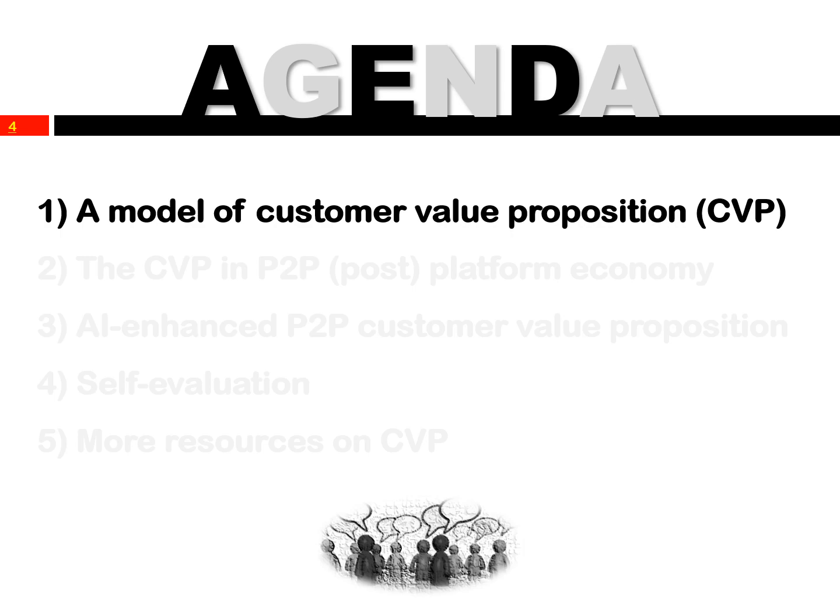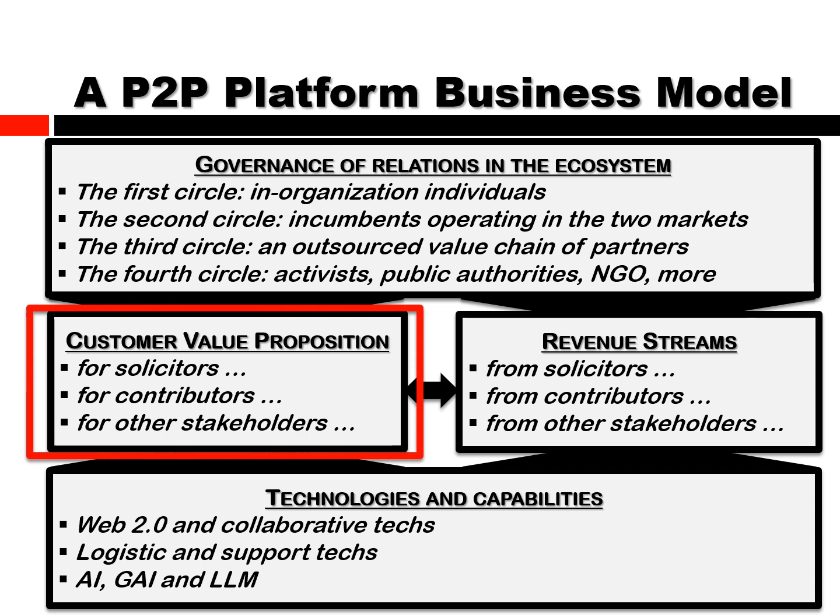A model of customer value proposition. You do remember the place of customer value proposition in our P2P business model. There are mainly 4 components, and we start by customer value proposition.